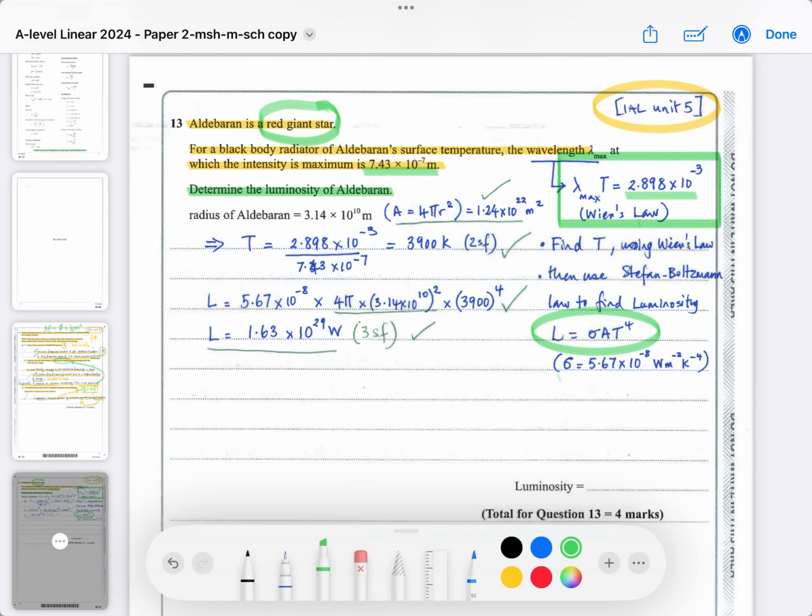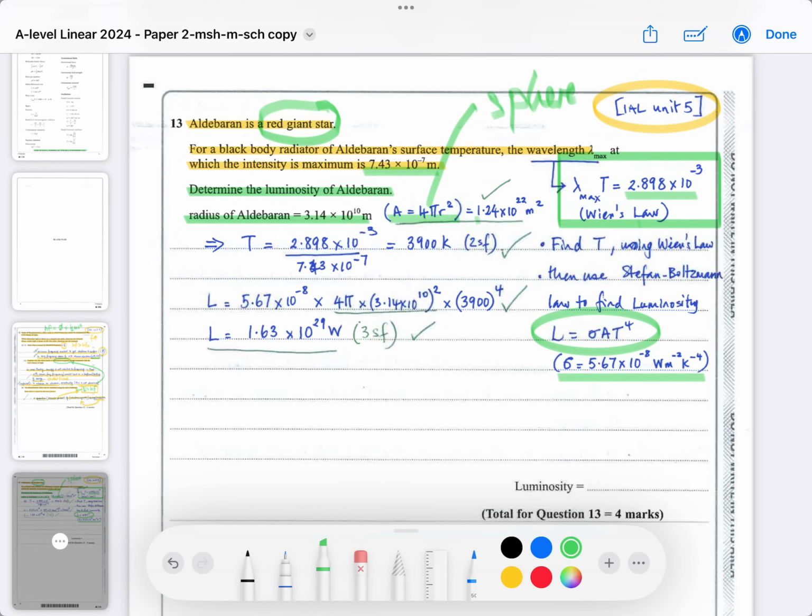Again, the constant sigma is given to you in the data sheet. That's why they're giving us the radius of Aldebaran. Once you know the radius, you know its surface area is 4 pi r squared, because it's a sphere.